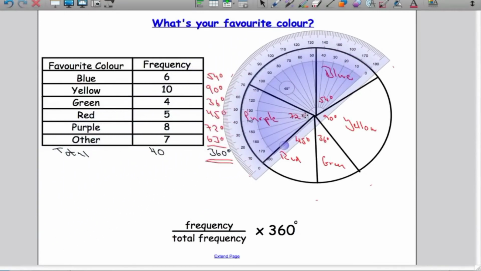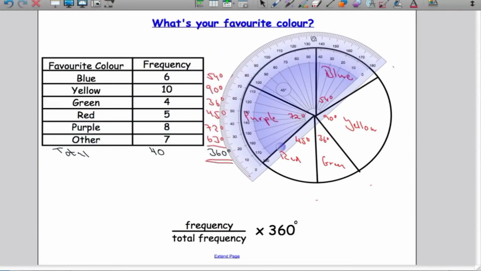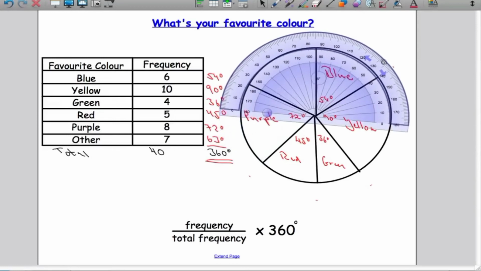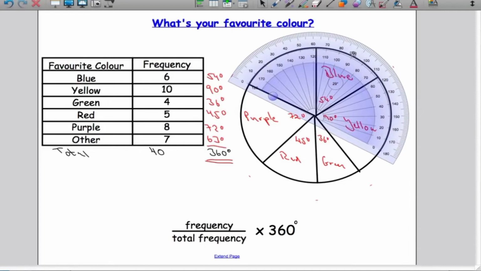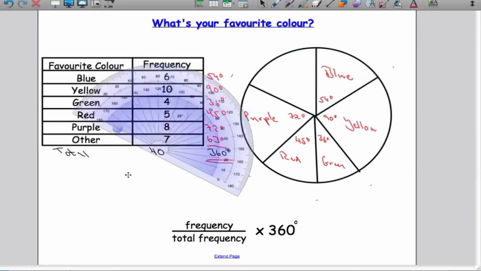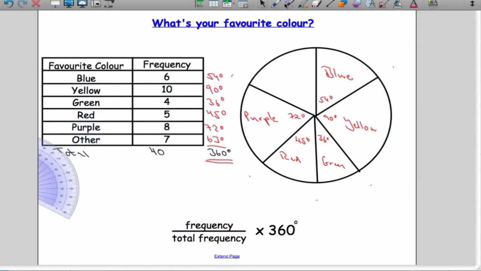Other is 63 degrees. So what you do here is to use your compass to measure the remaining degrees. It gives you 63 degrees for other.